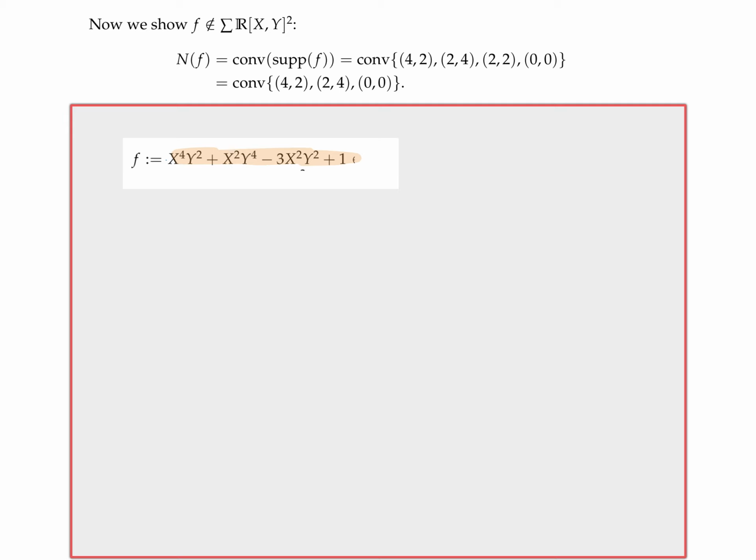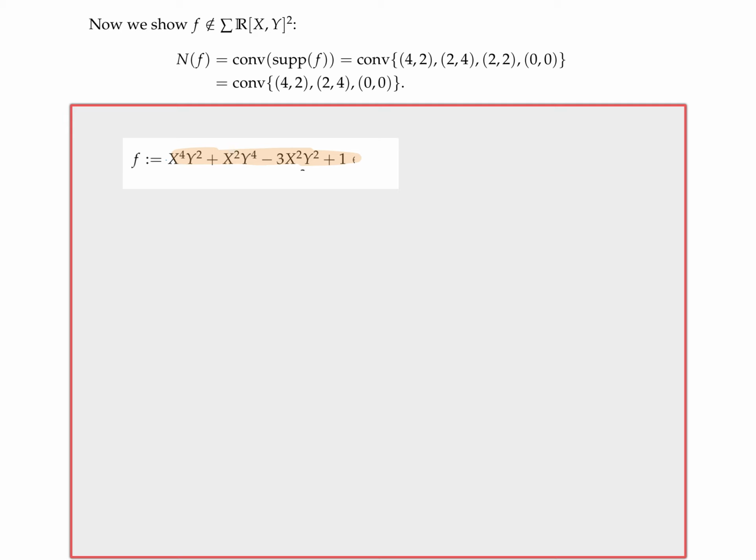Okay. So that has to do with the Newton polytope. The Newton polytope of f is the convex hull of the support of f. What's the support of f? It's (4,2), (2,4), (2,2), and (0,0). I mean the convex hull of this, right?